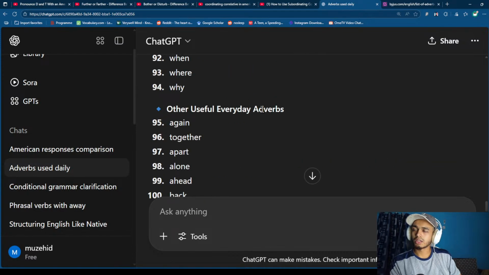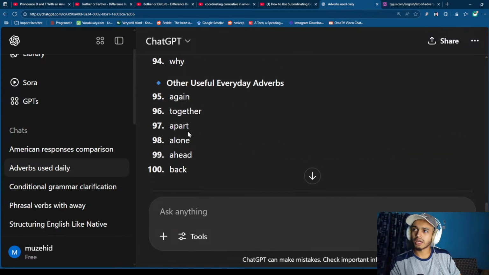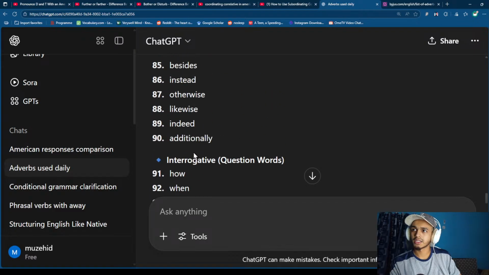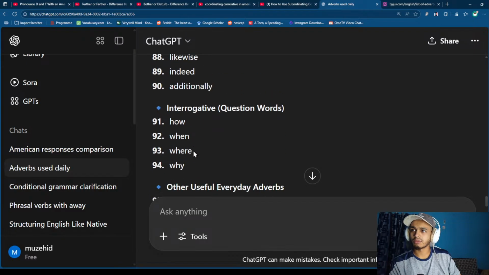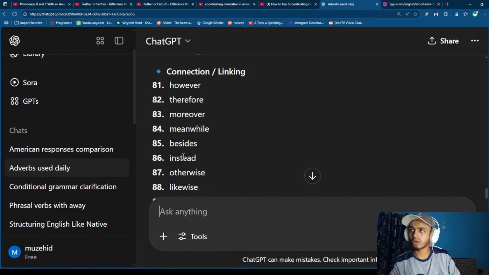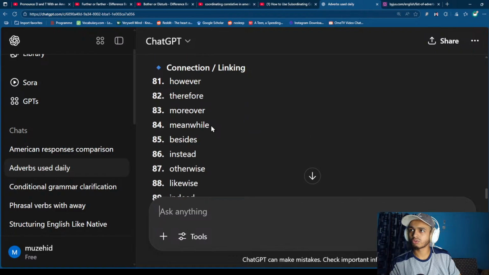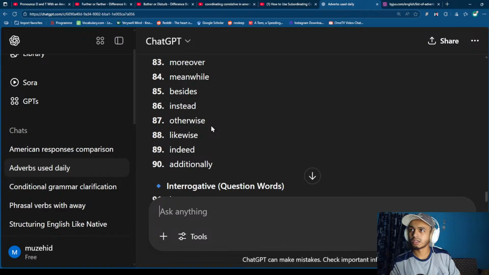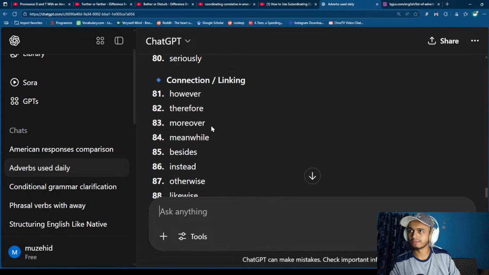Oh man, other useful everyday verbs. Again, together, apart, alone, ahead, back. Interrogative: how, when, where, why. These are adverbs. Connection: however, therefore, moreover, meanwhile, besides, instead, otherwise, likewise, indeed, additionally.